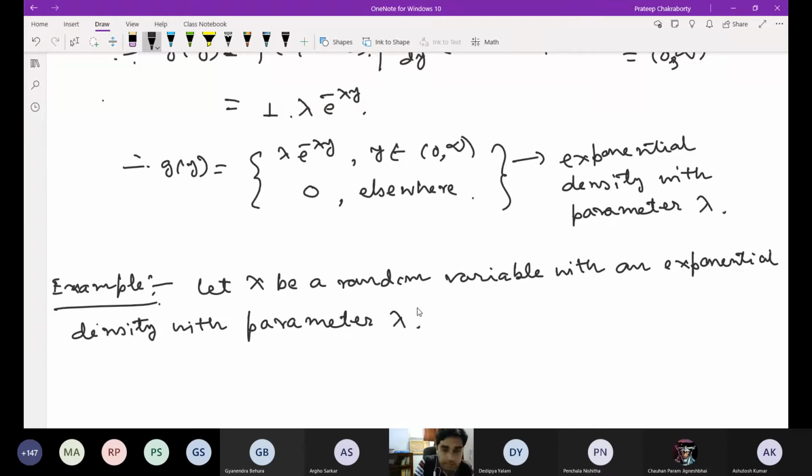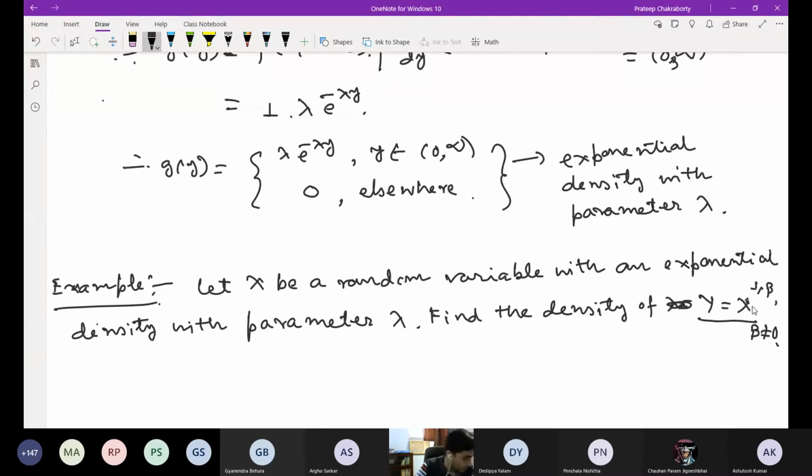Find the density of y equal to x power 1 by beta, where beta not equal to 0. So we have to find the density of this new variable, which is the transformation of x defined by x power 1 by beta.